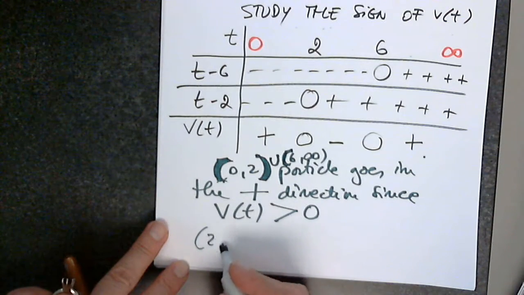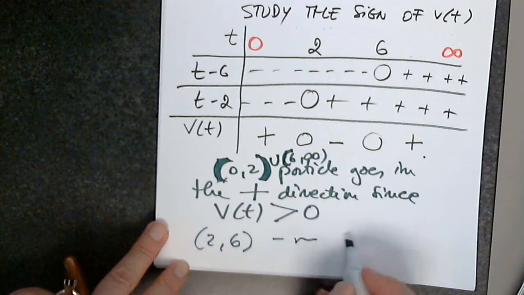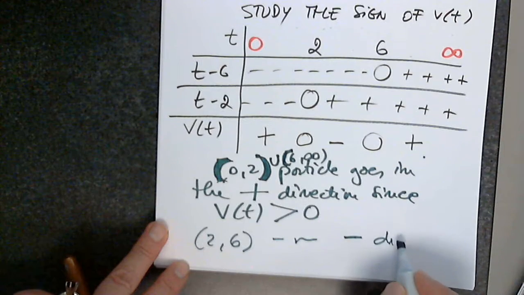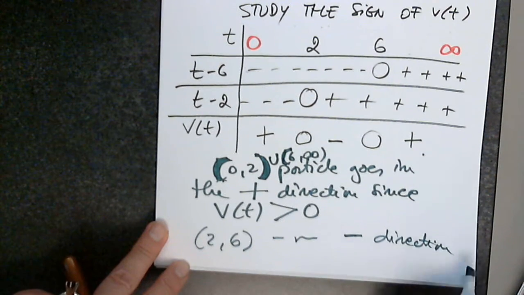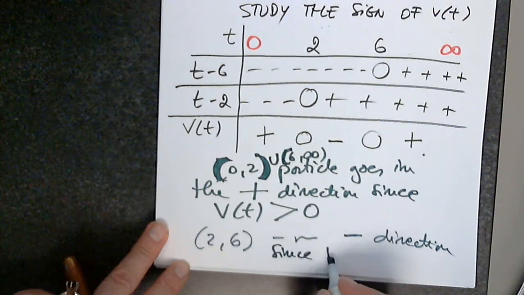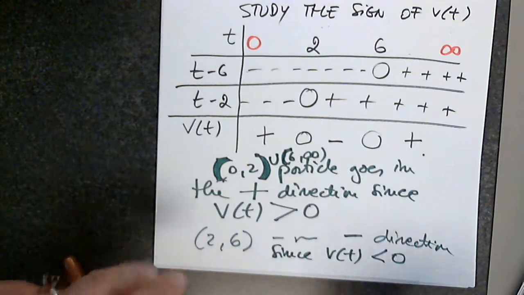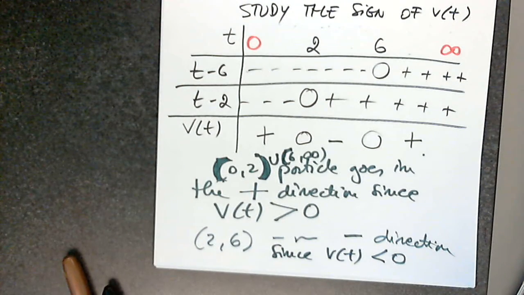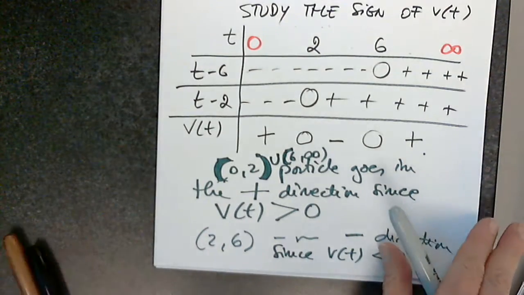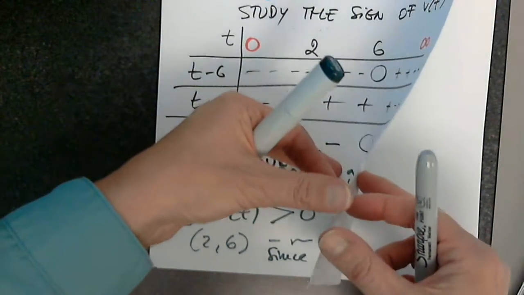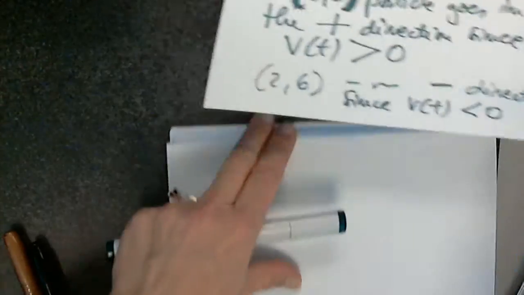Okay, so between 2 and 6, the particle goes in the negative direction since v of t is less than 0. Is this clear? Any questions? Okay, where am I now? E. Find the total distance traveled during the first 8 seconds. Find the total distance traveled.